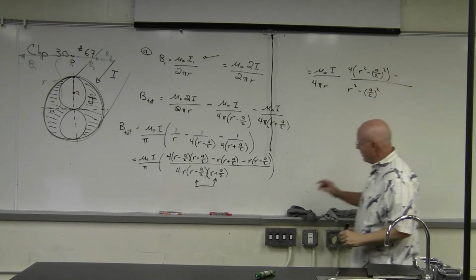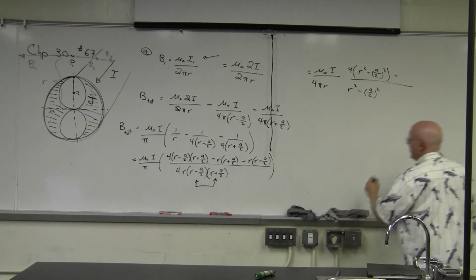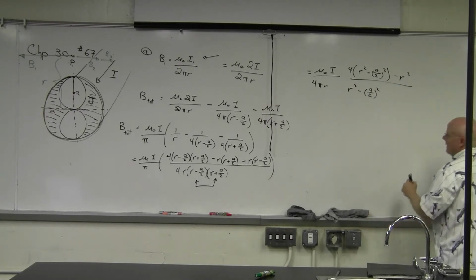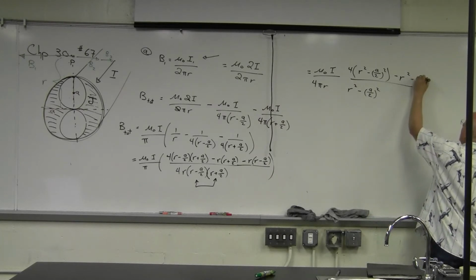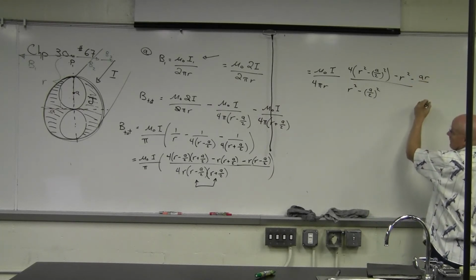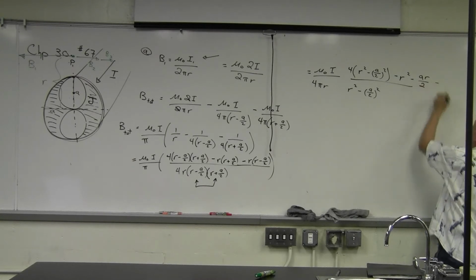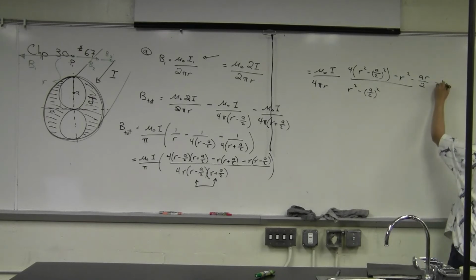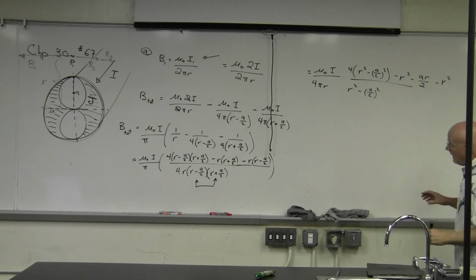This one here would then be a minus an r squared and then minus an a r over 2. The next one here would be another minus r squared, and then this becomes a plus, and it looks like another a r over 2.